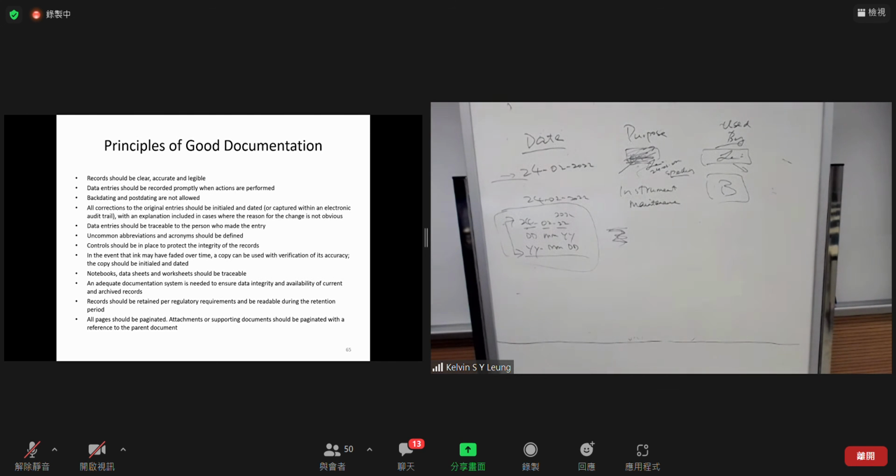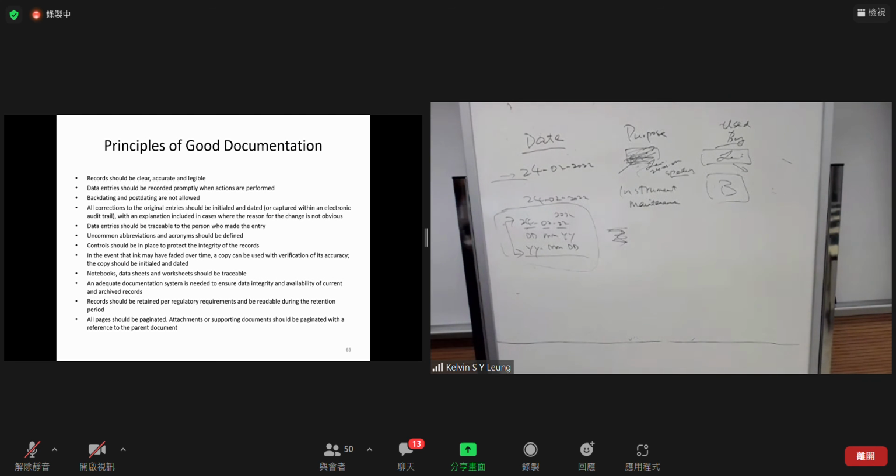Because the auditor will also check these things. So apart from good laboratory practice, you also need good documentation practice in order to have a good quality system in your laboratory.